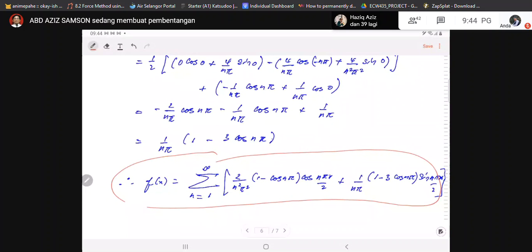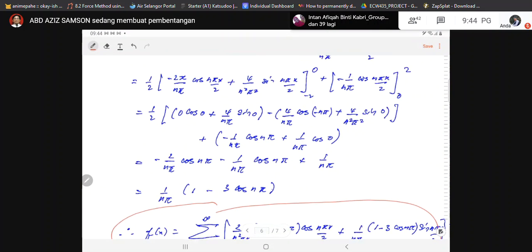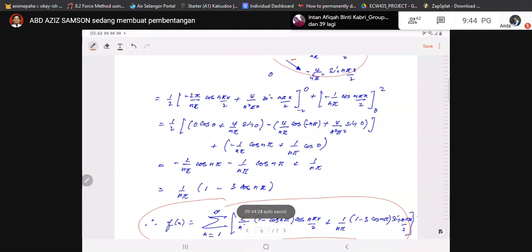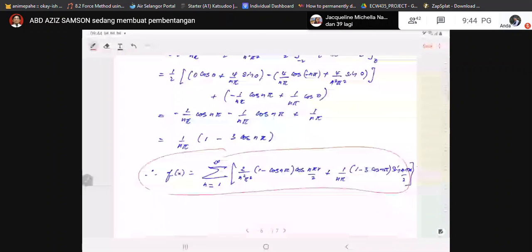Ada soalan tak agaknya? You can only understand this once you do the substitution, because you have to remember that sine 0 is 0, sine n pi is also 0, but when it comes to cos n pi, it won't be equal to 0.